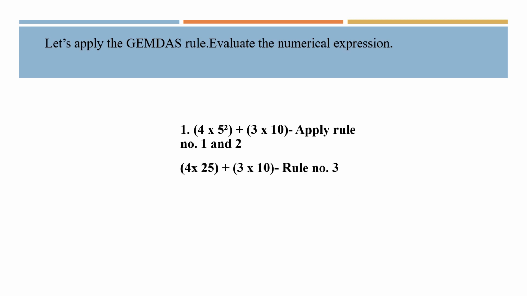What are rule number 1 and number 2? Simplify the operations in grouping symbols. So, open parenthesis, 4 times 5 times 5 equals 25, close parenthesis, plus, open parenthesis, 3 times 10, close parenthesis. Now, we will apply rule number 3. What is rule number 3?